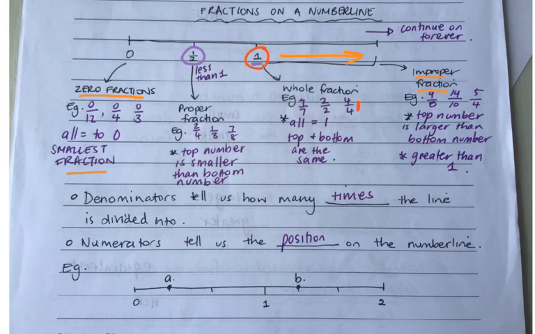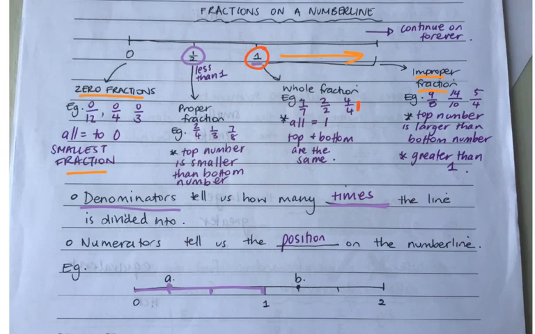A few things that we need to know about creating a number line is that the denominator, so the bottom number, tells us how many parts the line is divided into. So if we look at this example here, just from 0 to 1, the line is divided into 1, 2, 3 parts.